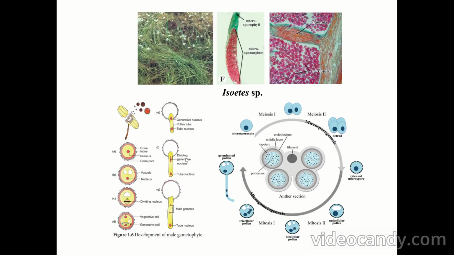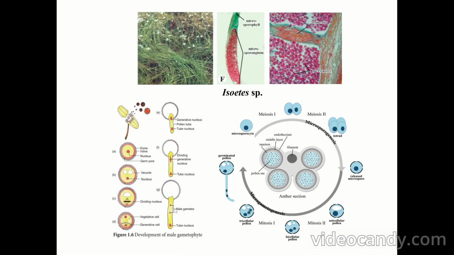The generative cell has the two male gametes. These are the two male gametes. The vegetative cell provides the nutrition for the growth of the pollen tube. So it forms a tube-like structure having the two male gametes, and this is done with the help of the vegetative cell.